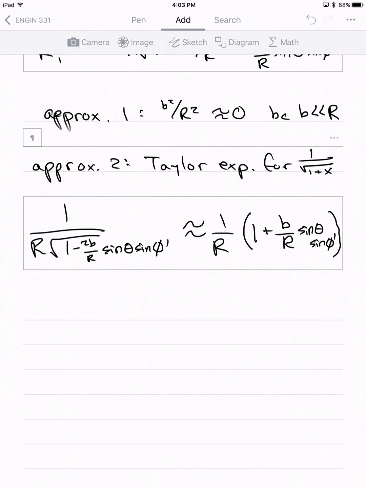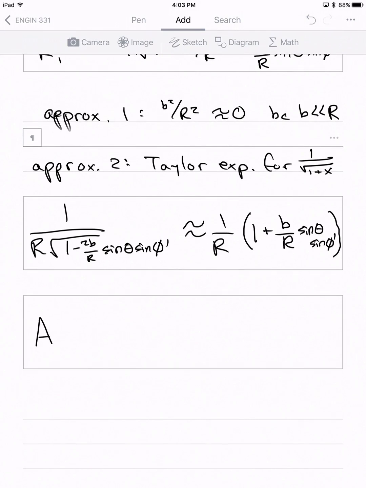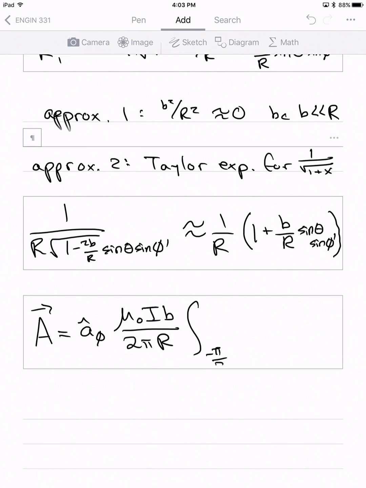Now, finally, we're going to write down again our integral for the magnetic vector potential: A is equal to a hat phi. Remember, because in the yz plane, minus a hat x is equal to a hat phi, and whatever we find here is true for all phi, times mu naught I b divided by 2 pi R, integral from minus pi over 2 to pi over 2.